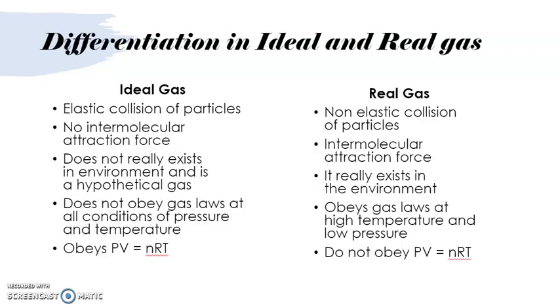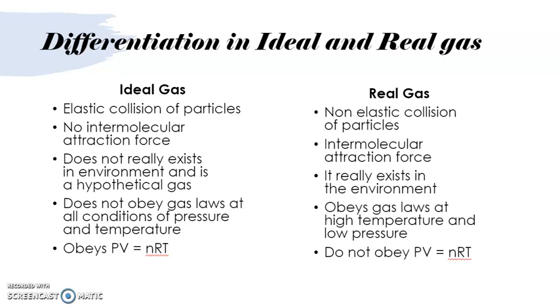Students, please remember these statements of the kinetic molecular theory of gases, as they are going to be the differentiation points when we compare the behavior of ideal gas with real gas. So let's see what difference there is between these ideal and real gases.